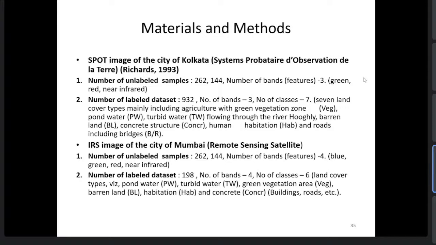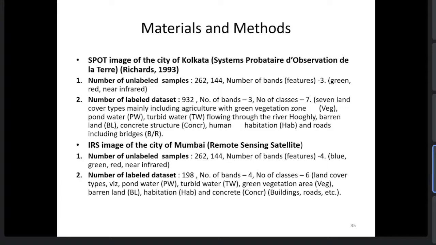The number of features or bands is three: the green band, red band, and near infrared band.